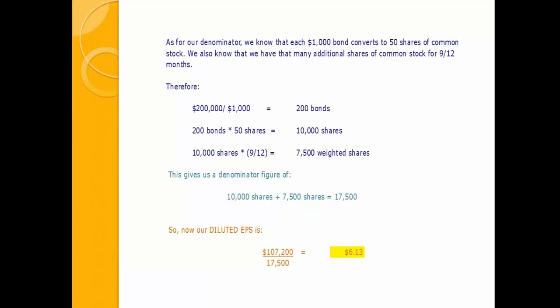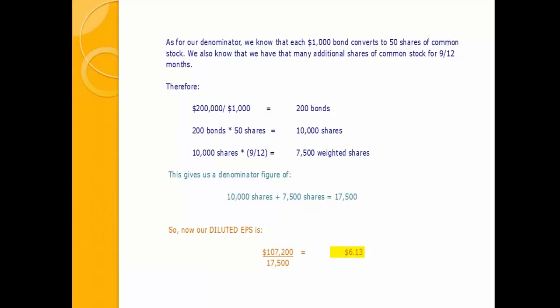However, keep in mind that we issued these bonds on April 1st as opposed to January 1st. So we're essentially taking 75% of that. So we have the additional element specifically related to this of 7,500 shares. So our denominator is 17,500 shares as opposed to the original 10,000 shares.